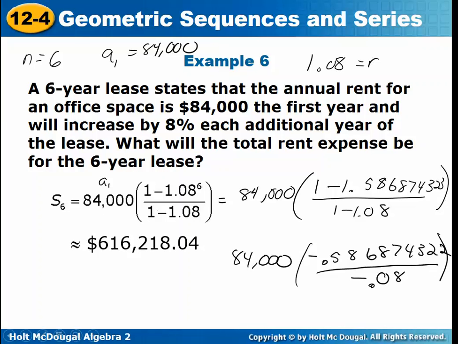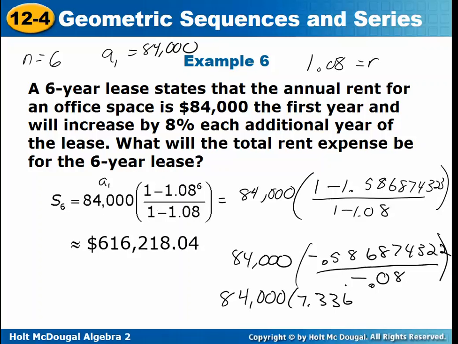So let me get my values back where I had stored them. 0.58687, and divide that by negative 0.08. Now this will be a positive number because I have a negative divided by a negative. And I'm going to have to start rounding at some point here, but I got 7.3359.